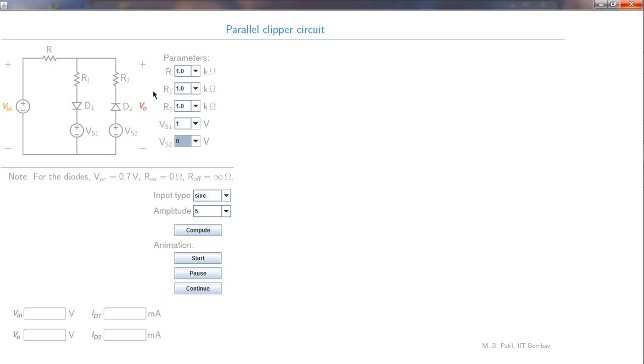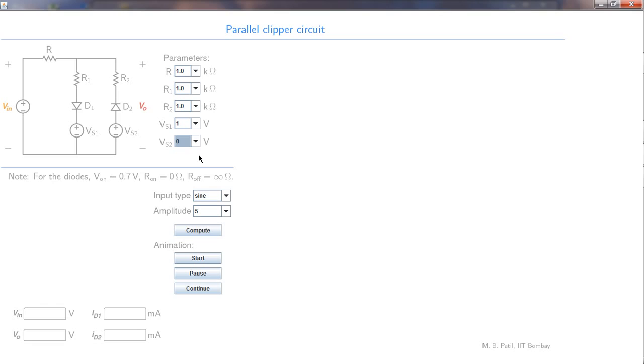Let us choose R1 and R2 to be 1K each. These values are a bit different than what we had in our example, but that would not make too much difference to our VO versus VI curve. It will only change the slope values but not the breakpoints.